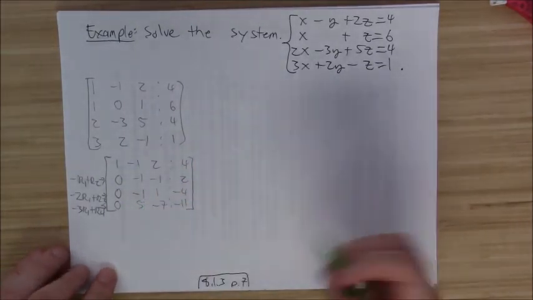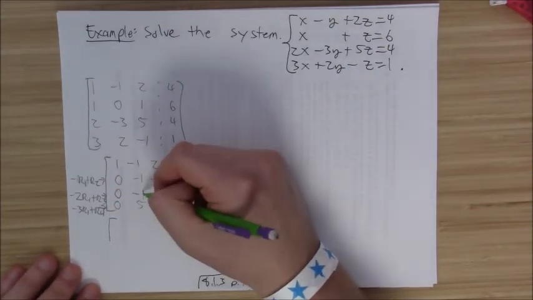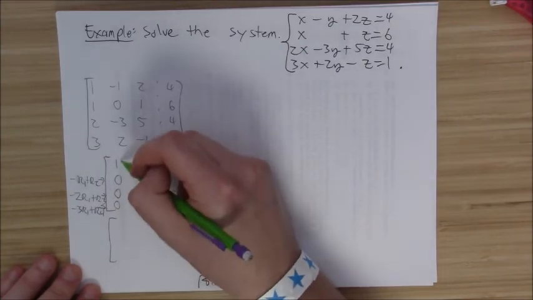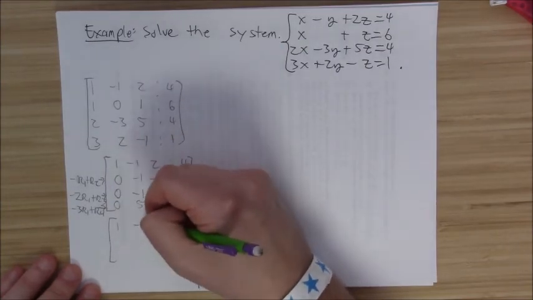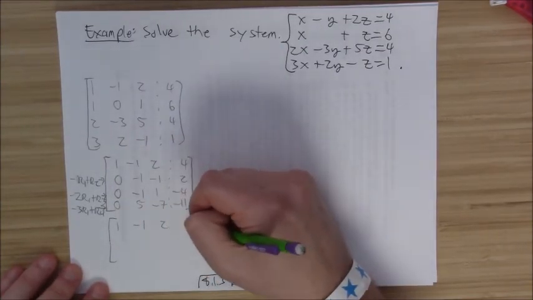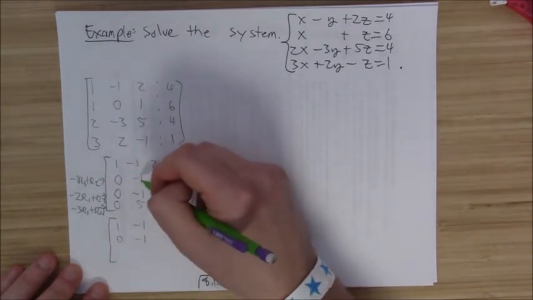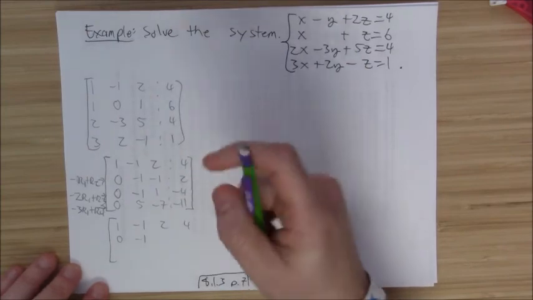What about the next column? Well, here we need to make both of those 0. If we go through and do so, we'd have -1, -1, 2, 4, that row's done. This row is also now done, well, except we'd like a 1 there.